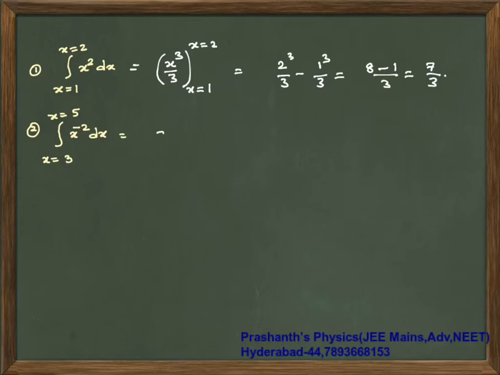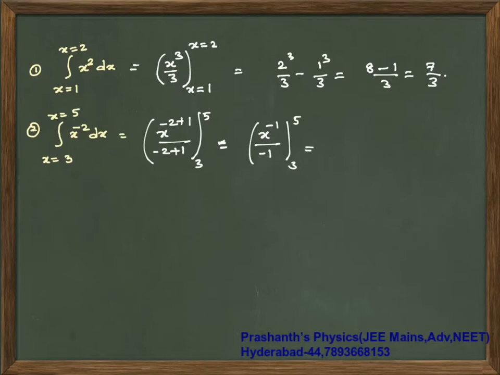So that gives x power minus 2 plus 1 by minus 2 plus 1, lower limit 3, upper limit 5, which is x power minus 1 by minus 1 from 3 to 5, that is minus 1 by x from 3 to 5, which is minus 1 by 5 minus 1 by 3.